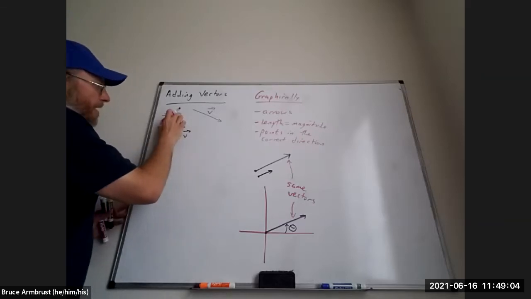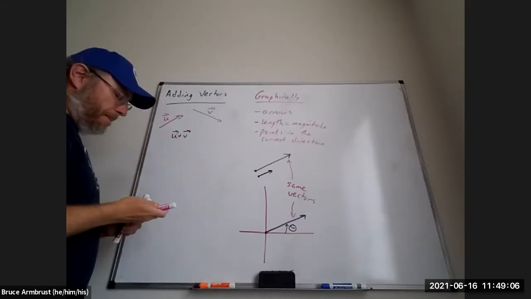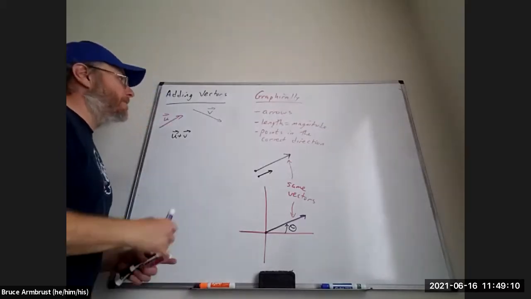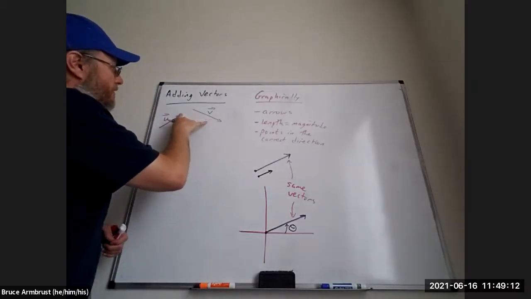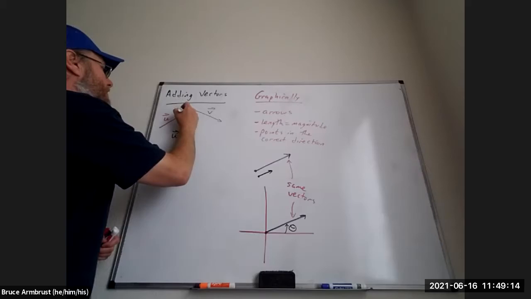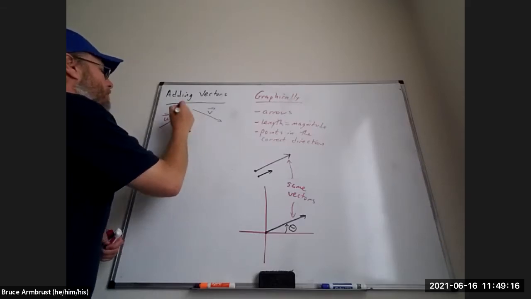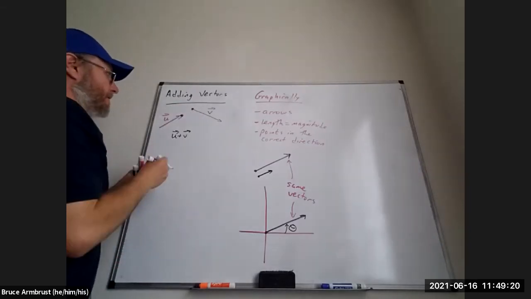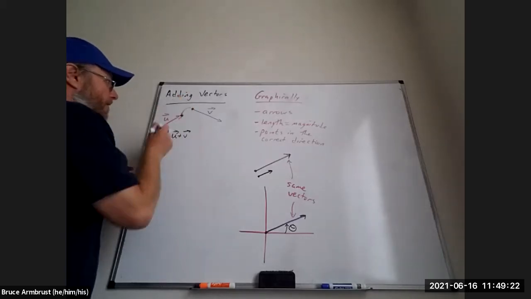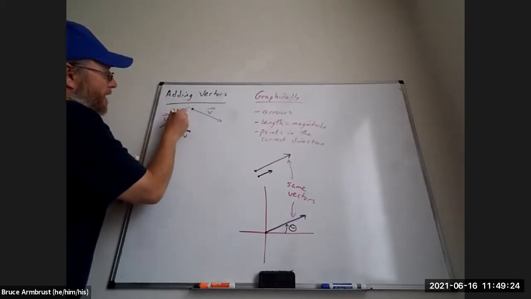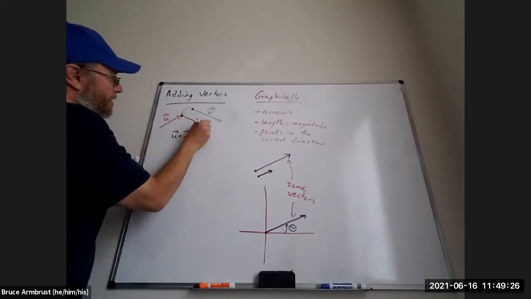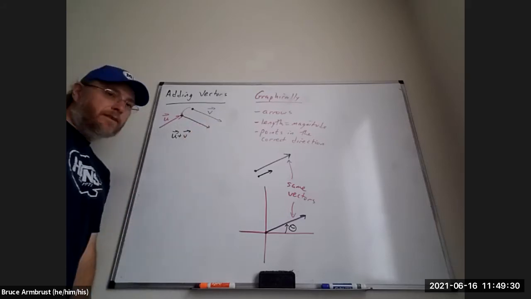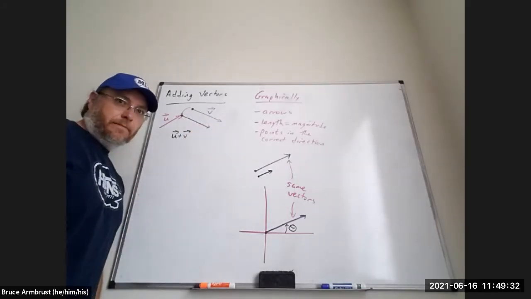So remember we had this guy U. And since with vectors it doesn't matter where they are, I'm going to move V so that it actually starts where U ended up. Okay, so I'm going to move it over here. And then it just needs to go in the same direction and be the same length. So I just copied it.